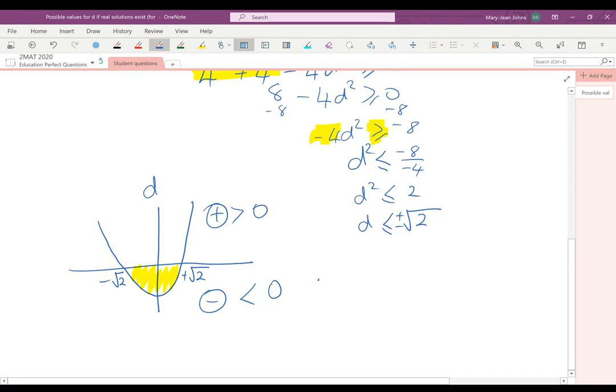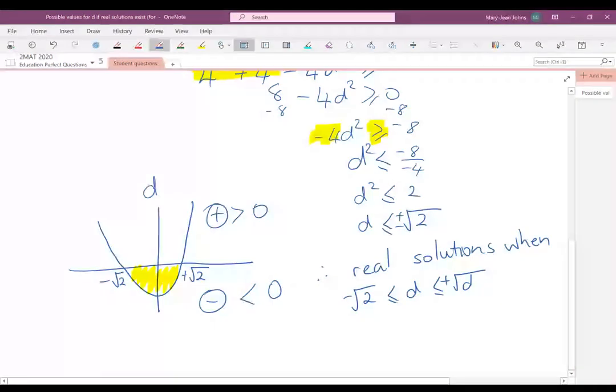So here, therefore, I have real solutions when it is between negative square root of 2 and positive square root of 2. And I remember my negative equal, because at that stage, remember, there's one real solution. Okay, hopefully this helps. Please get back to me if you don't understand.